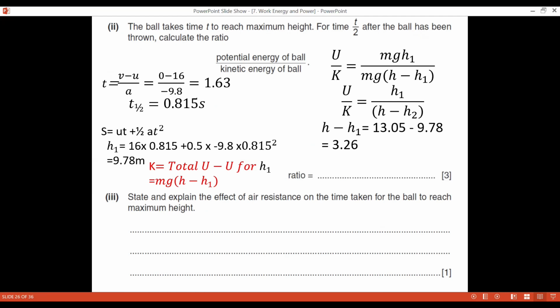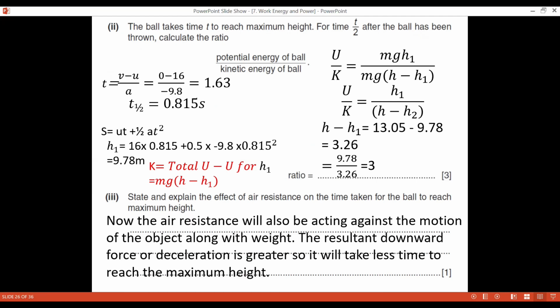It will not only be the weight resisting, it will also be the resistive force of air resistance. So resultant force increases, and if resultant force increases, deceleration increases, and if deceleration increases, it will take less time to reach maximum height. This is the logic behind without air resistance and with air resistance.